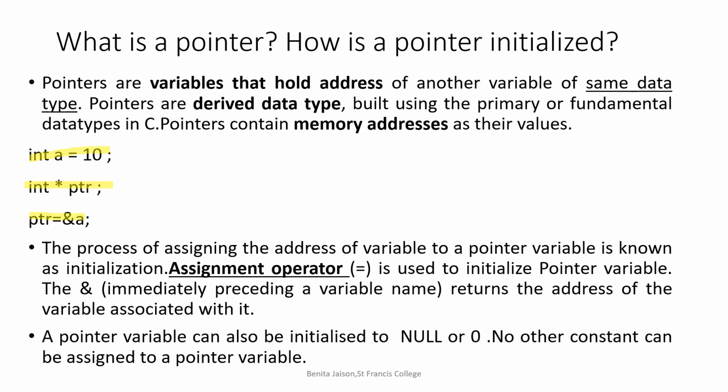Now in this step we are initializing the pointer variable with the address of the integer variable. The assignment operator is used to initialize the pointer variable, and ampersand returns the address of the variable associated with it. A pointer variable can also be initialized to null or zero. We can either initialize it to the address of another variable, or we can initialize it to null or zero. No other constants can be assigned to a pointer variable.